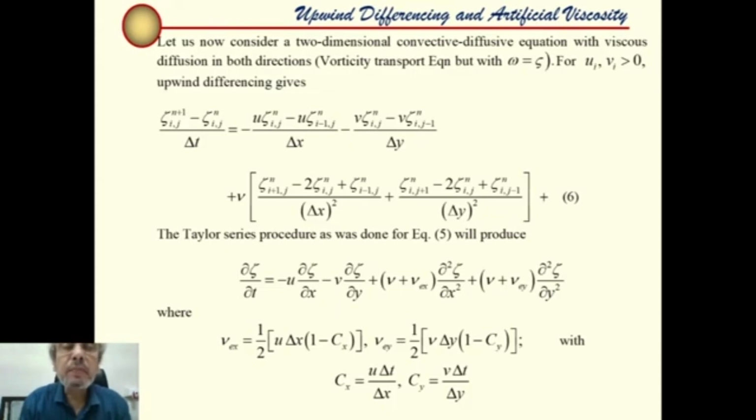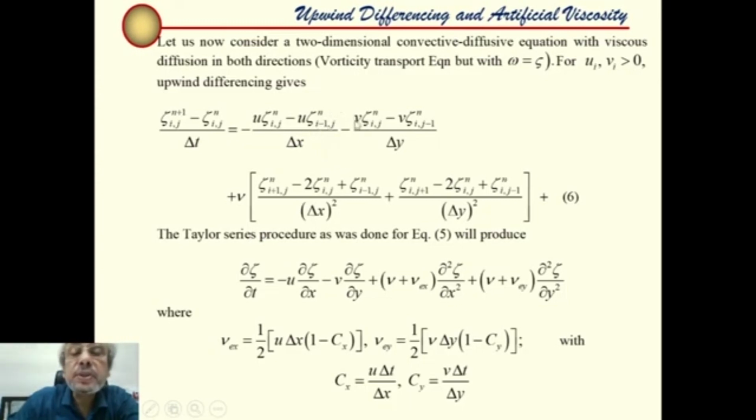Basically, if ij is the point of interest, then i minus 1 j is the upstream point. That is what is upwinding. And if u is negative, we will involve the downstream point in the finite difference quotient. So here u is positive, so we have used zeta ij minus zeta at the upstream point i minus 1 j.